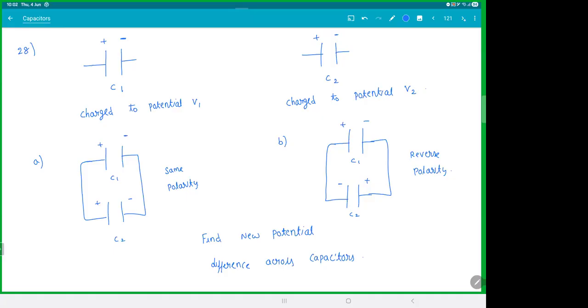Let's see how you do this. So instead of giving charges, now they're giving voltages and stuff.